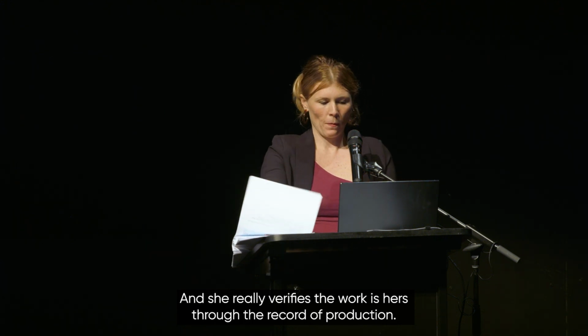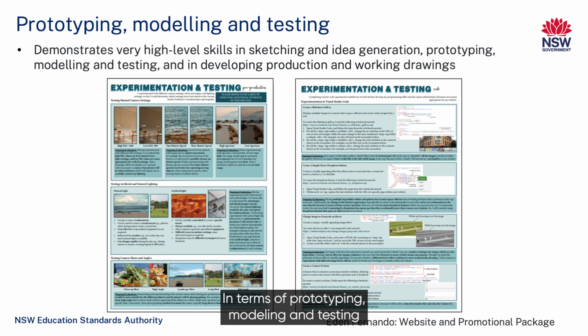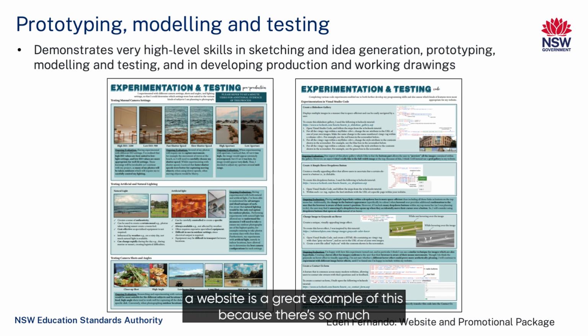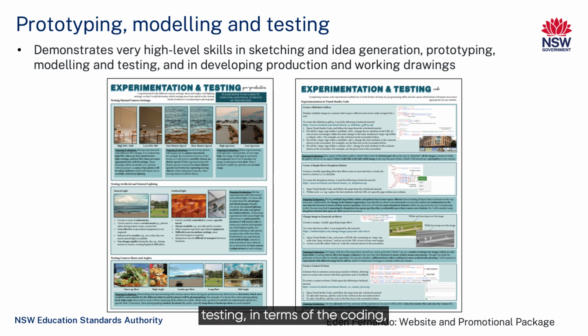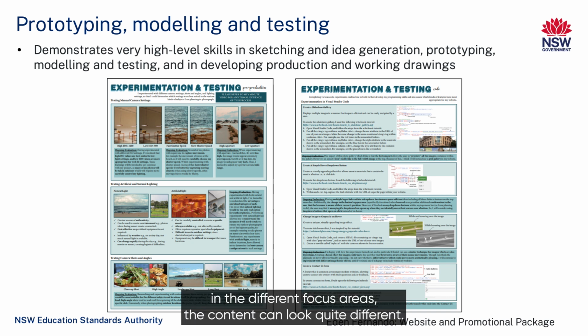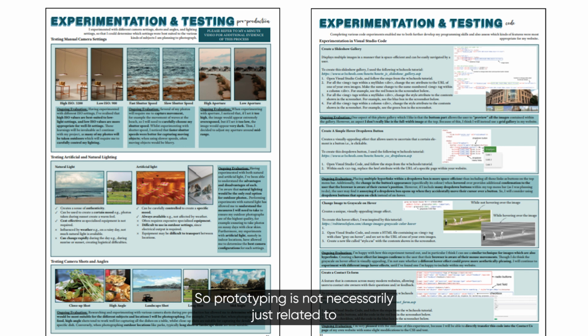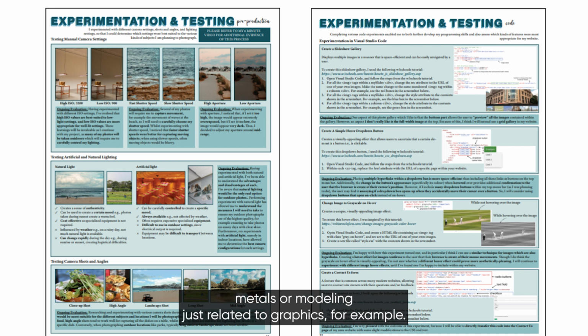In terms of prototyping, modelling and testing, a website is a great example of this because there's so much testing in terms of the coding, but it's a good example where in the differing focus areas, the content can look quite different. So prototyping is not necessarily just related to metals, or modelling just related to graphics, for example.